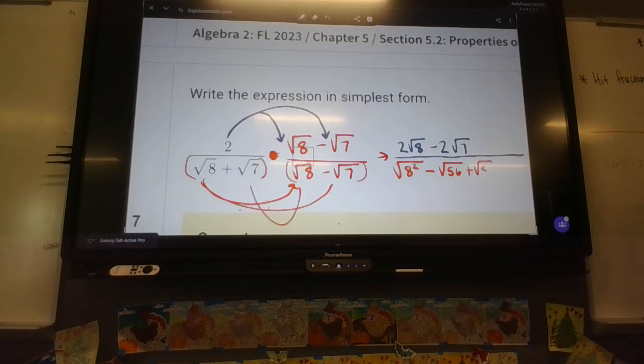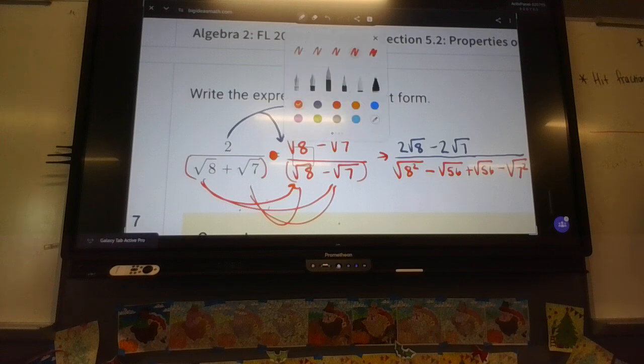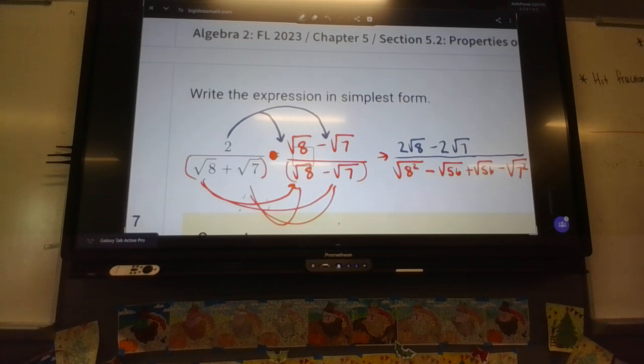Plus the square root of 56 minus the square root of 7 squared. Does anyone want to ask a question now? Okay, what's happening here?